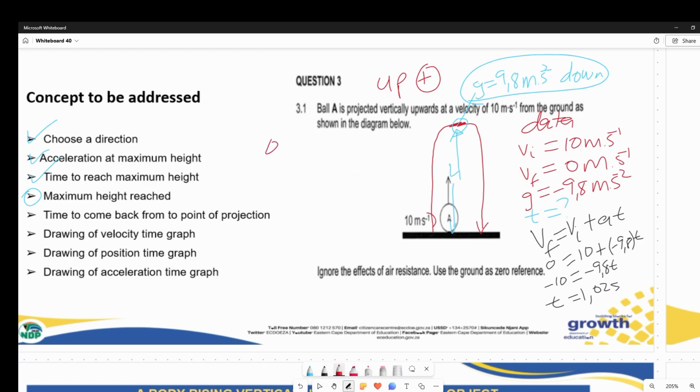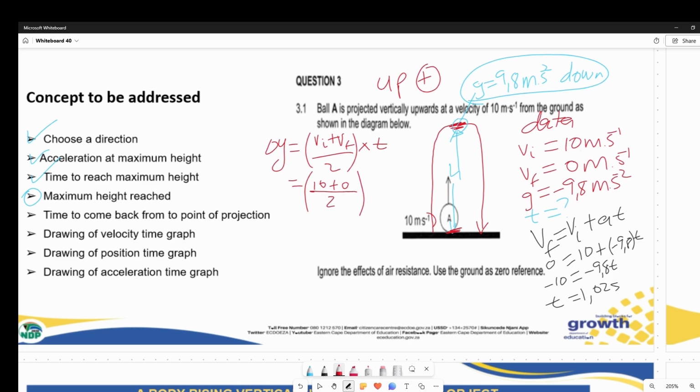That is, delta y is given as V initial plus V final divided by 2 multiplied by delta t. Now our initial is given as 10, then our final is given as 0, from this particular point to that particular point, so we're taking that section here.